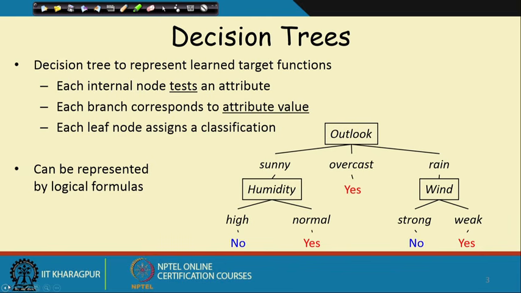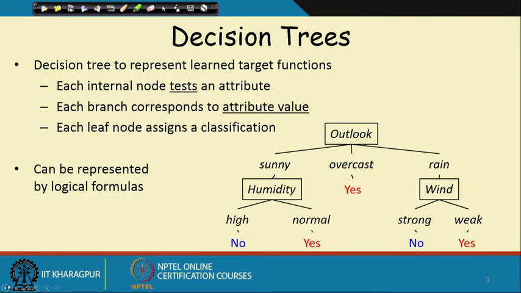Once I have this tree, once a new instance comes, I just push it down the tree. I first ask what is the value of outlook. Depending on the value, I take a branch.